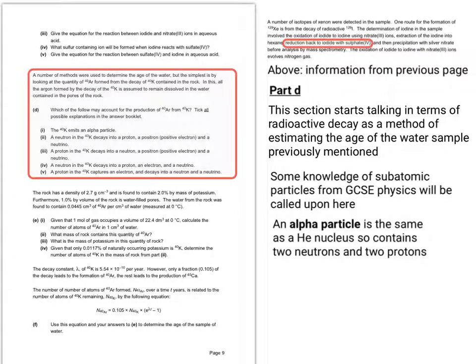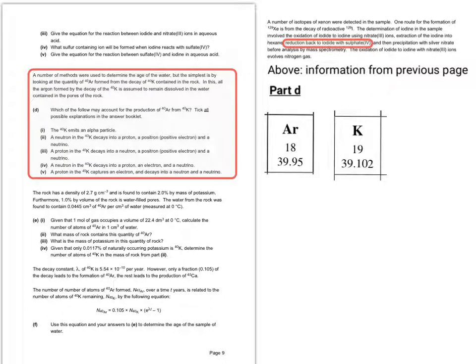So it's worth remembering that an alpha particle is the same as a helium nucleus, which obviously has 2 neutrons and 2 protons. So to help answer the question, I've taken the 2 sections of periodic table from earlier in the paper and just popped them up here in a bit bigger. So it asks which of the following statements may account for the production of argon 40 from potassium 40.